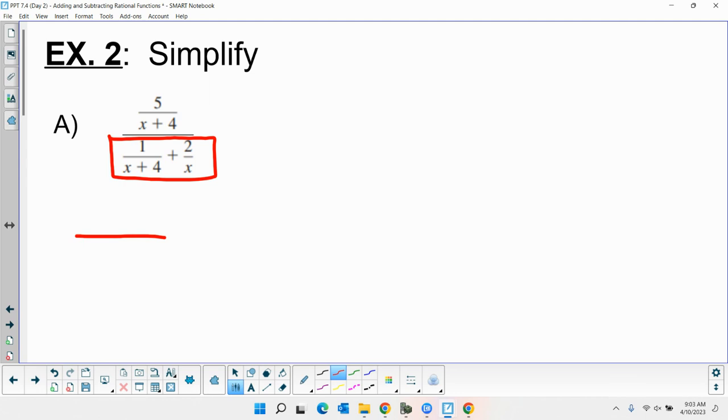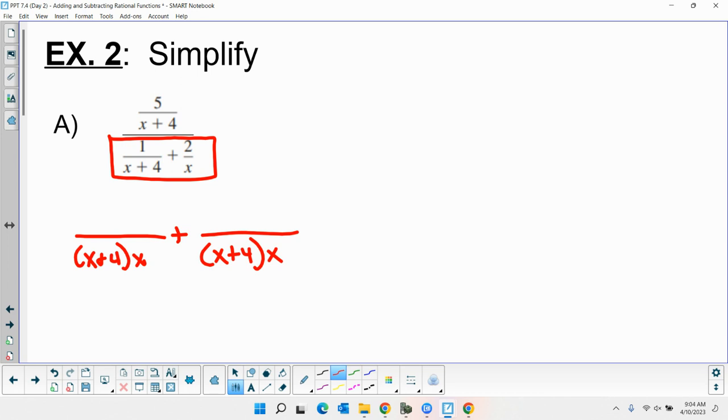All right. Can I factor either of those denominators? No. So I just write them both down as my common denominator. Whatever shows up, you got to write down. All right.